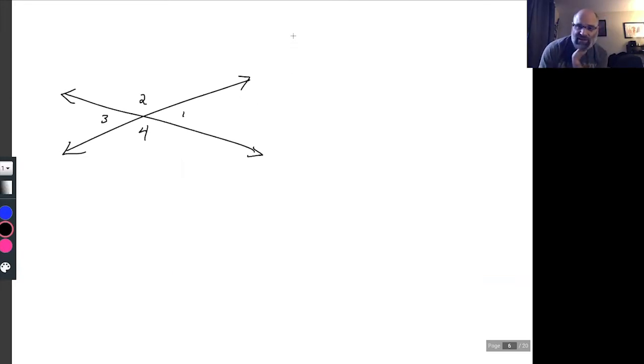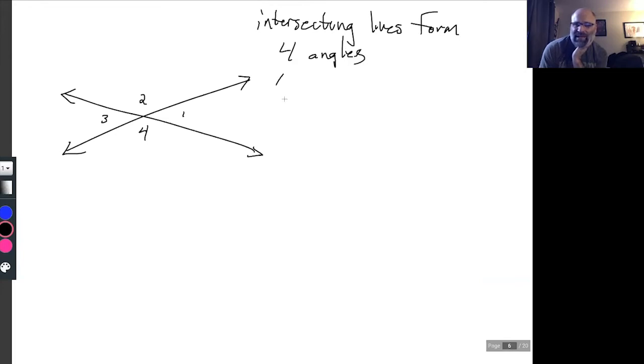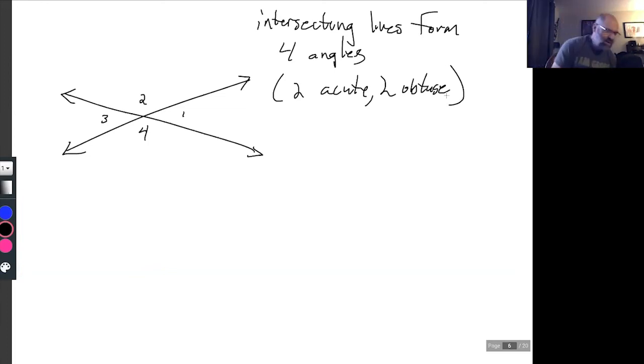So intersecting lines, I'm going to just write this out. Intersecting lines form four angles. And those angles are two acute and two obtuse most of the time. Okay.